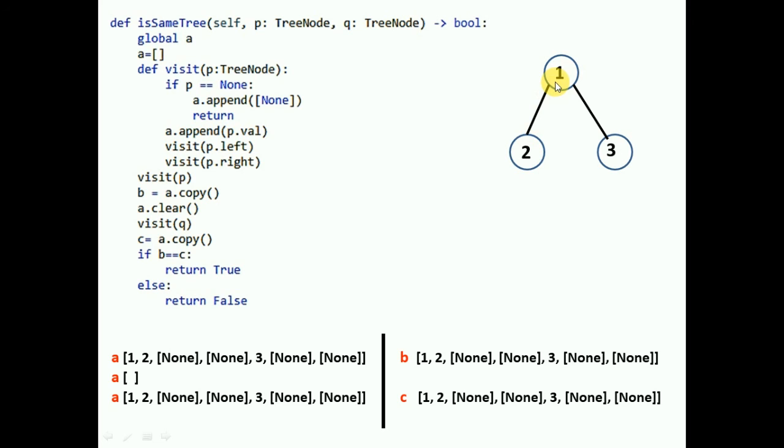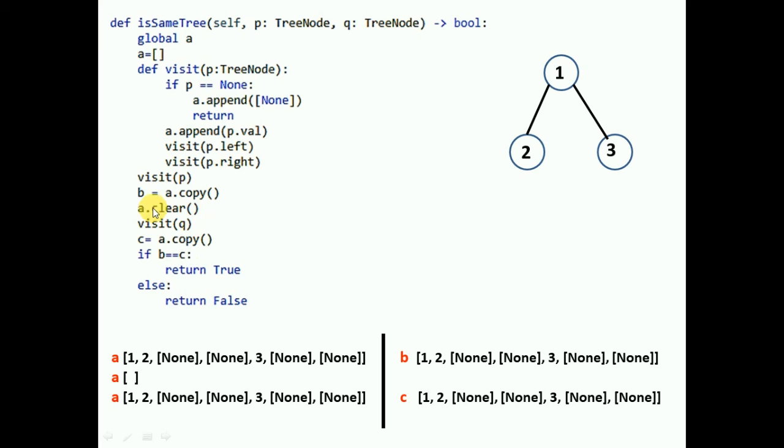In our first example, you have seen q is the same as this tree, so let's assume this is also q. When the cursor moves to this point, visit q, the root node of q is passed here. Then I come to this function, so p is the tree root node. Now this tree is also 1, so again the same things will go on.